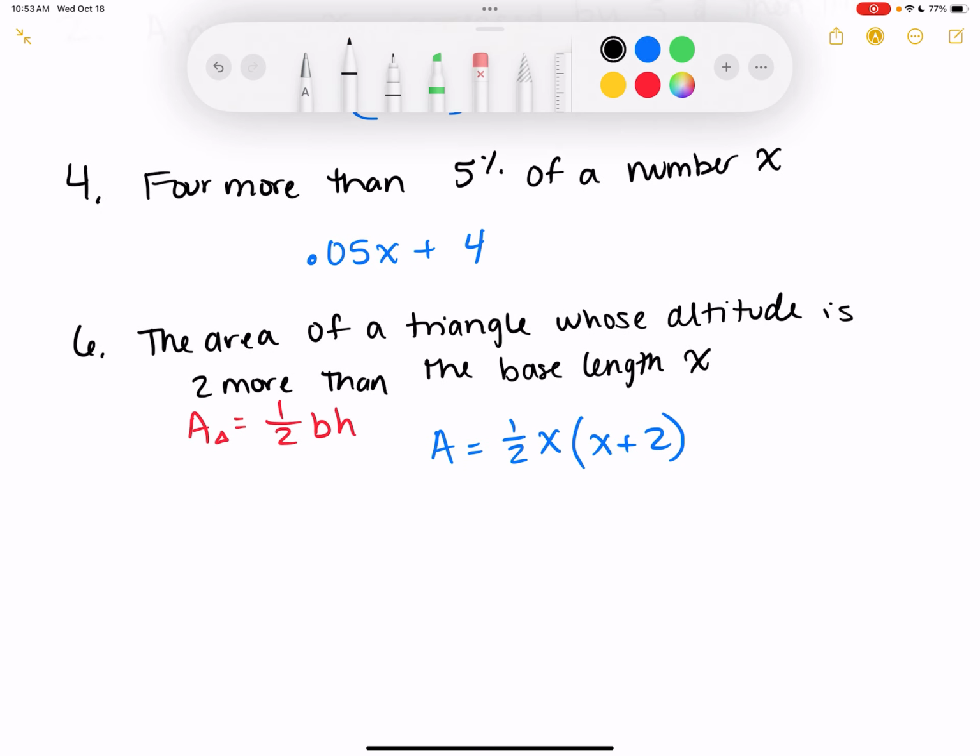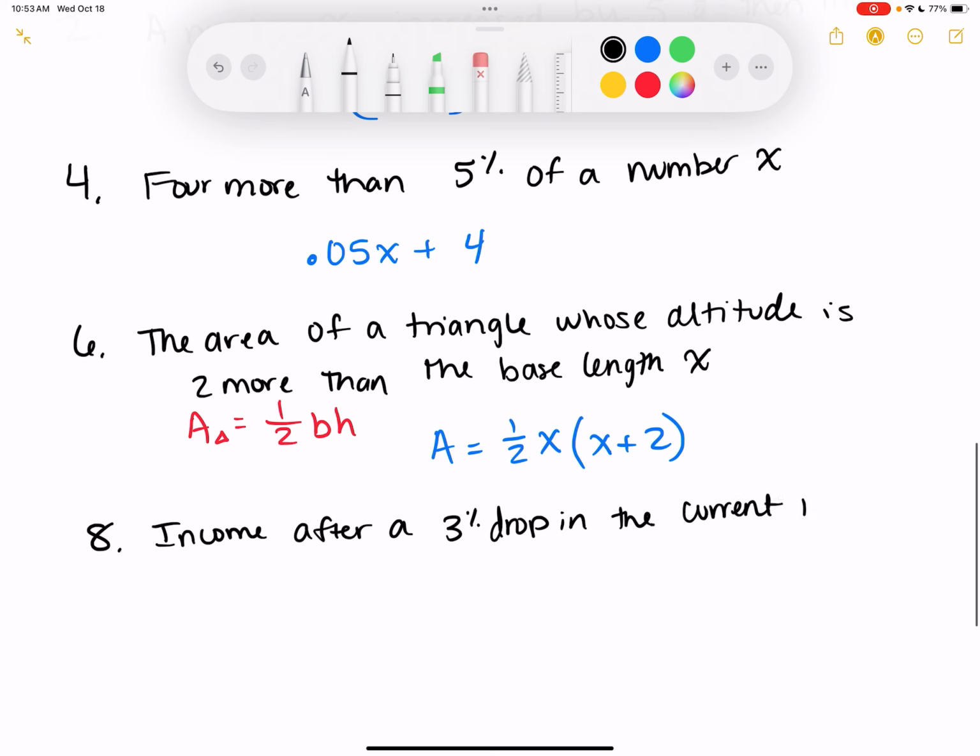All right, one more, and we'll be done for today, I think. All right, income after a 3% drop in the current income of X dollars.